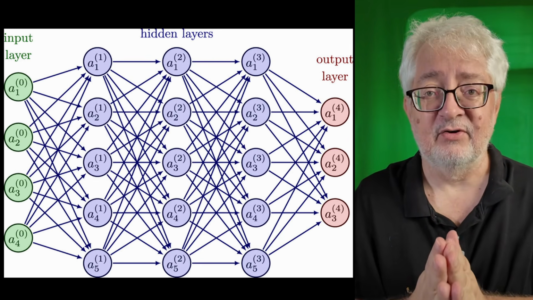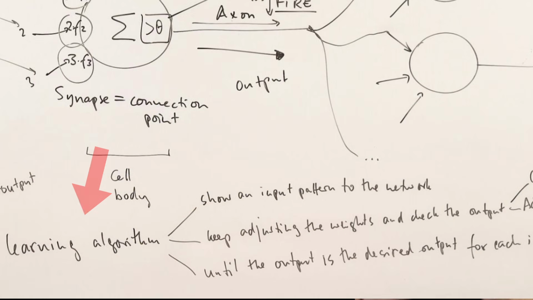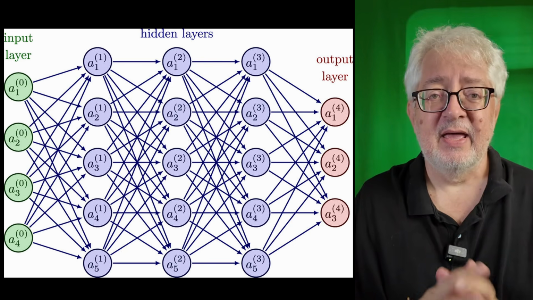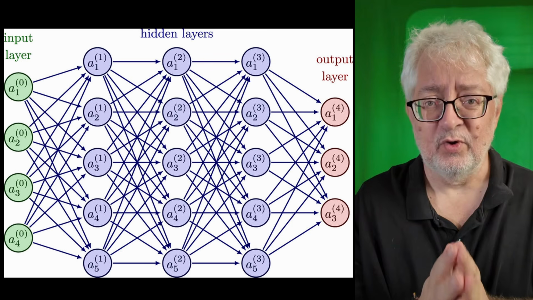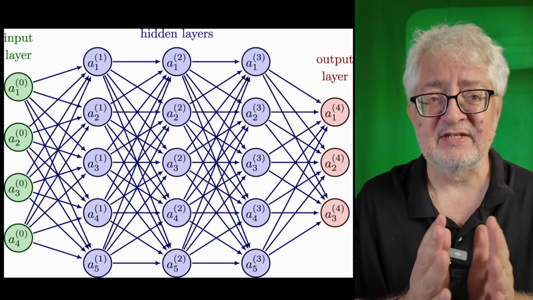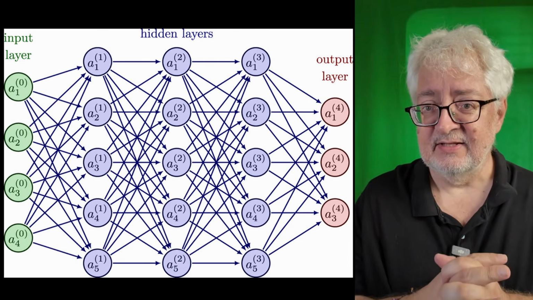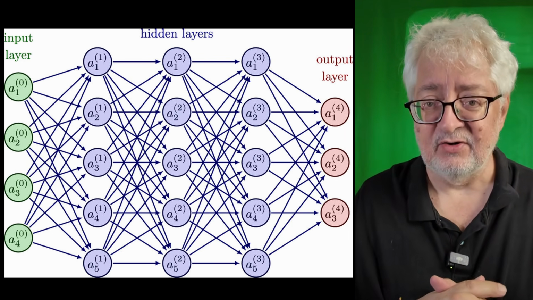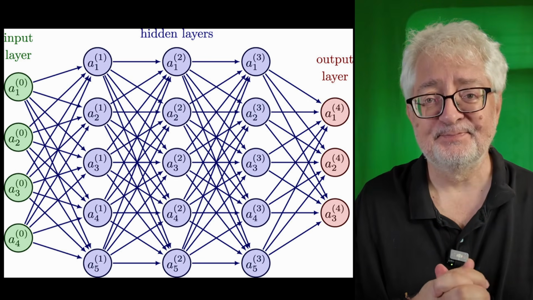So the learning algorithm is the program that adjusts the weights of a neural network so that it completes a particular task. And we will talk later about exactly how this works. So don't worry about this now. You just need to know that we are not normally adjusting the weights by hand, because this is not going to be successful.